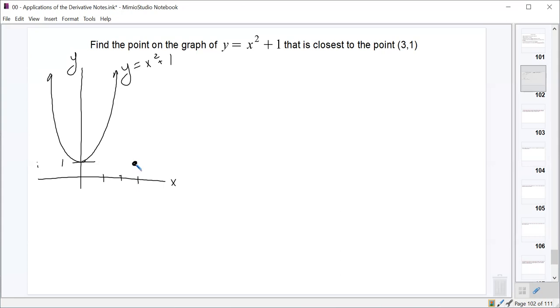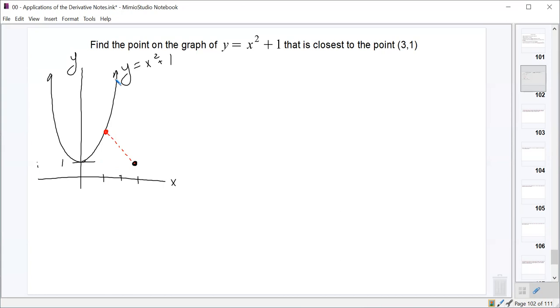Somewhere along this parabola, the distance from this point, which I've drawn here in red, is at a minimum. There are lots of different ways we could draw this distance, over here, up here. One of them is the smallest distance.